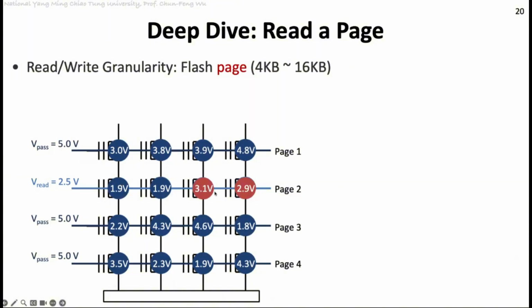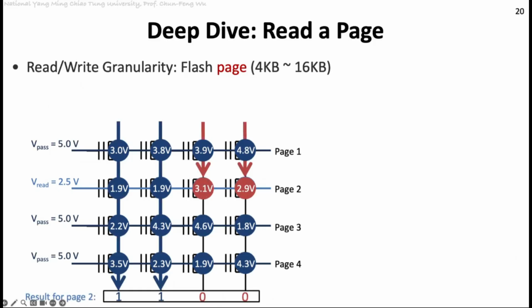But on the other hand, if there are some electrons already inside the floating gate, then 2.5 volt will generate way fewer electrons from the p substrate. Because there are too few electrons, it cannot generate the current. So the current will stop here because there is no current path. There are too few electrons, so the current will stop here and cannot go through.